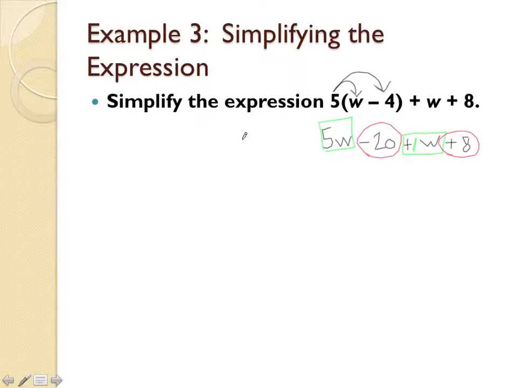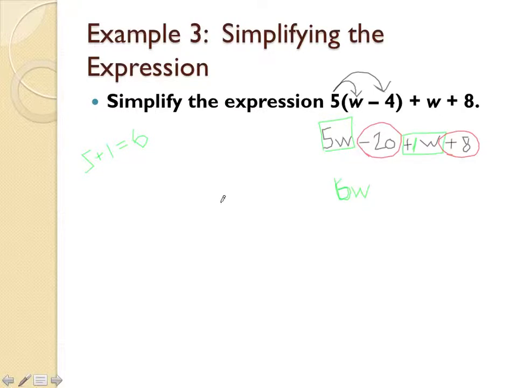I'll make my number sentence: 5 plus 1 equals 6. So my terms with w, when I combine them, I'm going to have 6w. Kind of looks like a b. There we go, that's better.